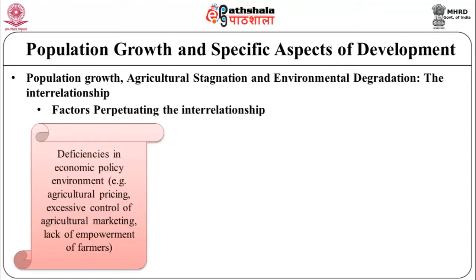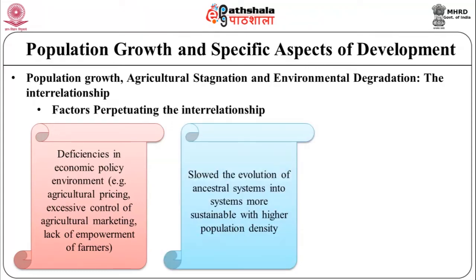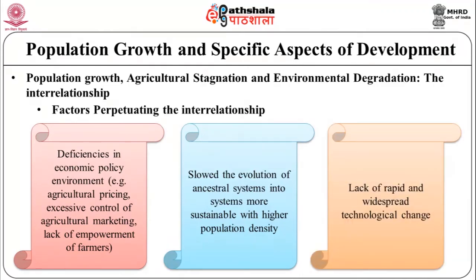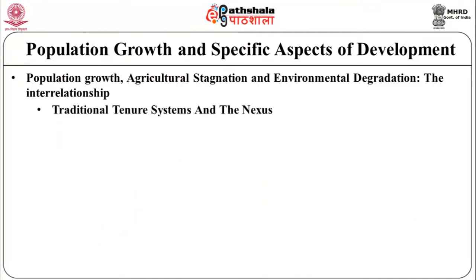Deficiencies in the economic policy environment, for example agricultural pricing, excessive control of agricultural marketing, and lack of empowerment of farmers, slowed the evolution of ancestral systems into systems more sustainable with higher population density, along with a lack of rapid and widespread technological change. Now, traditional tenure systems and the nexus.